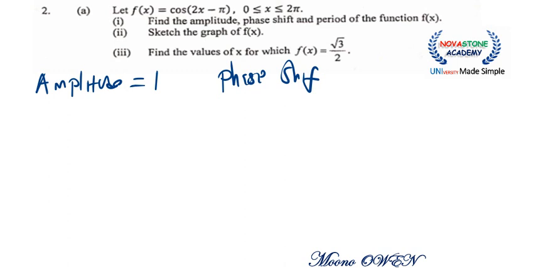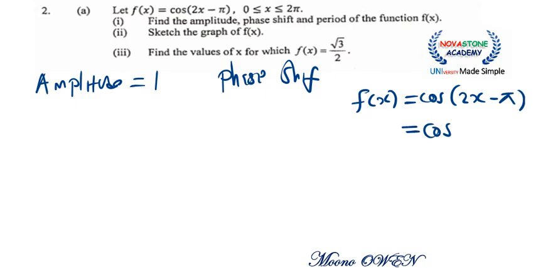Now we've got a 2 there, so you have to be very, very careful. We want the x to be alone, so you have to be very careful on this one. So when we've been given f of x is equal to cos 2x minus pi, we are supposed to write it in the normal form.